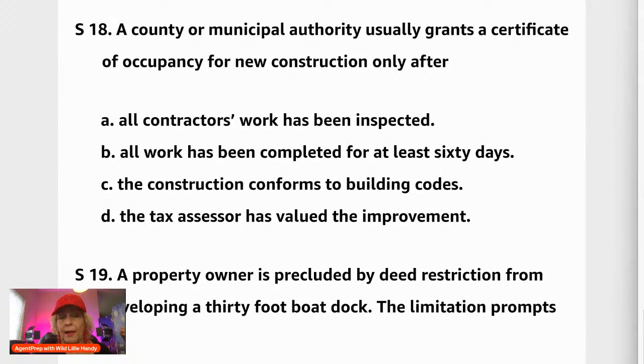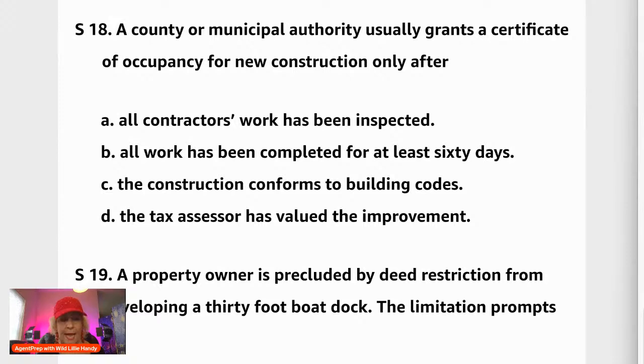Okay, so A doesn't give enough information. The importance of a certificate of occupancy is that all the codes required are passed. All the electrical, all the plumbing, the concrete, termite treatment, and once the house is built, there's another inspection to finalize it.